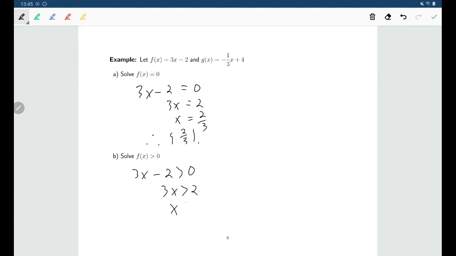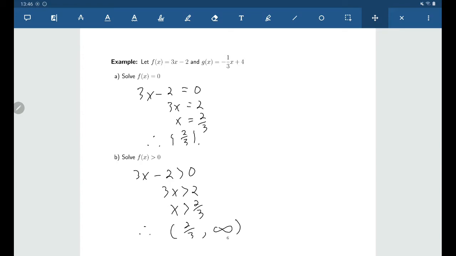Dividing by 3, since I'm dividing by a positive number, that does not change the direction of my inequality. So I find that x has to be larger than 2/3, so for my solution, it would be the interval of everything that is larger than 2/3, not including the 2/3. So round bracket around the 2/3, going all the way to infinity.